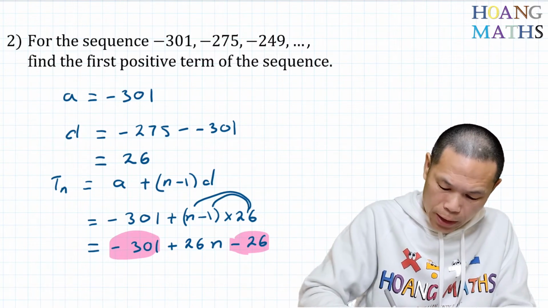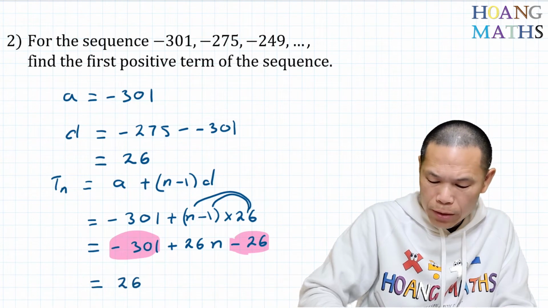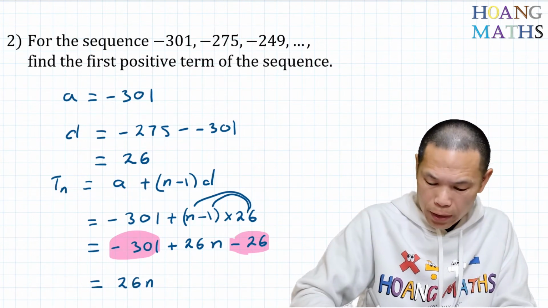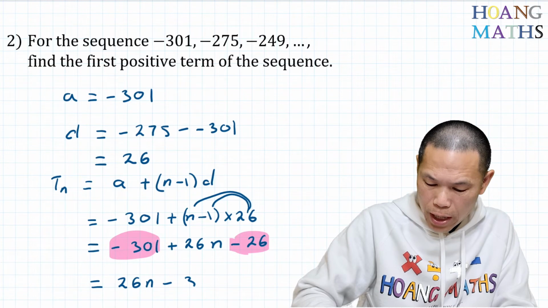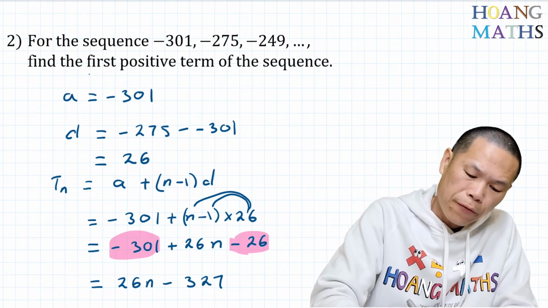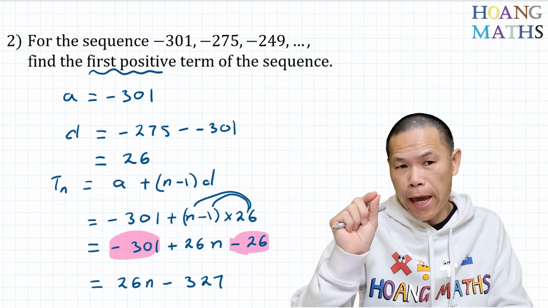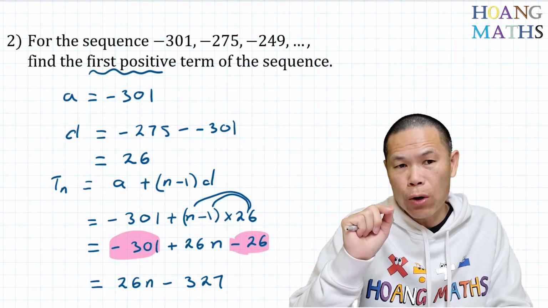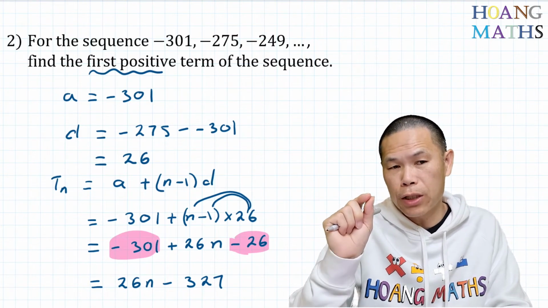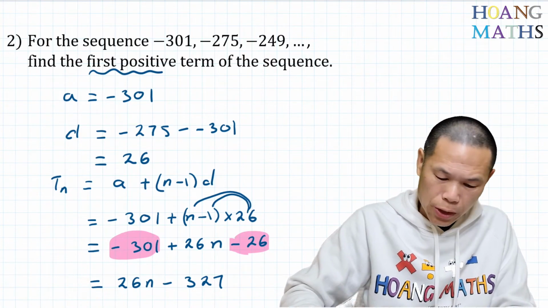So the answer is equal to, I write 26n first because it is positive, then minus 327. So now what we need is to find the first term that is positive. In other words, Tn is greater than 0. So we want the first term that is bigger than 0. So let me just write this down first.